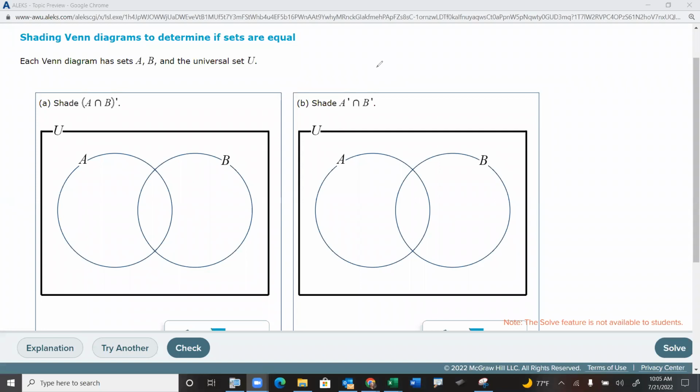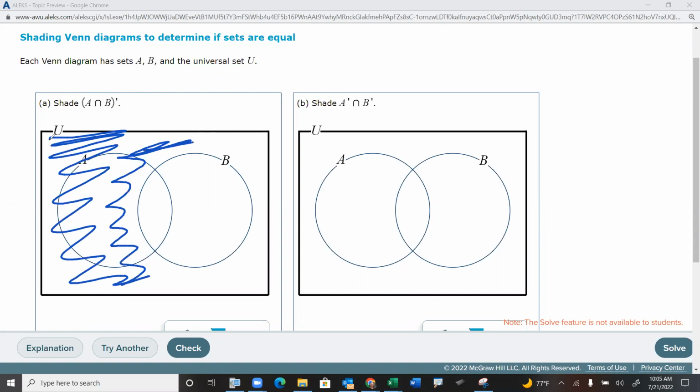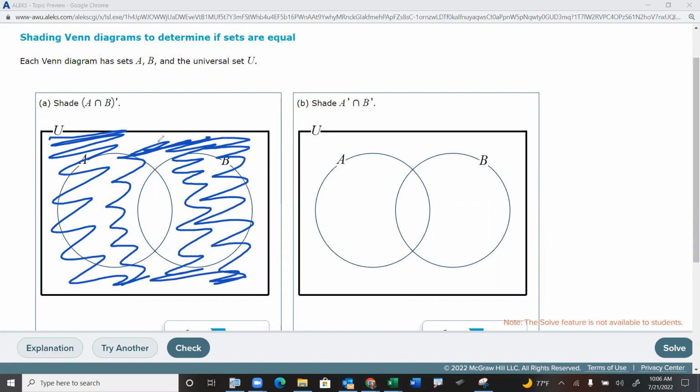Okay, on this one, we also want to shade in the two sets. So the first one, A intersect B complement, would be, so A intersect B is right there, and the complement of that is everything else. So I'll shade in everything that is not A intersect B. It looks like that.